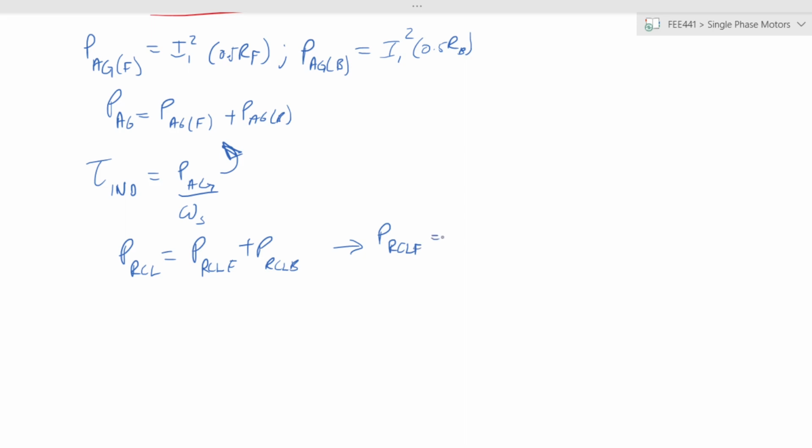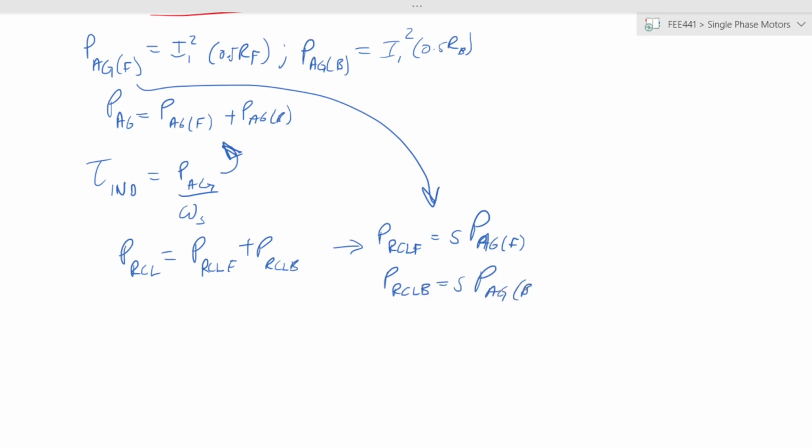PRCLF is equal to slip times PAGF, which we had over here, and PRCLB is given by the air gap power in the backward direction.